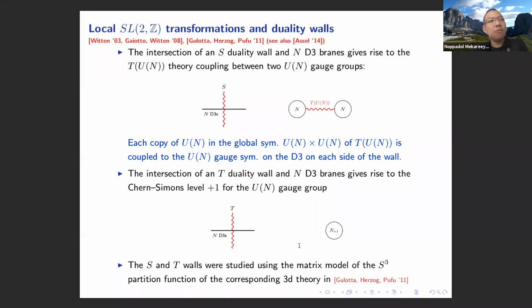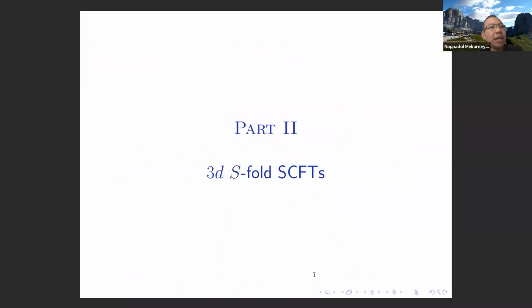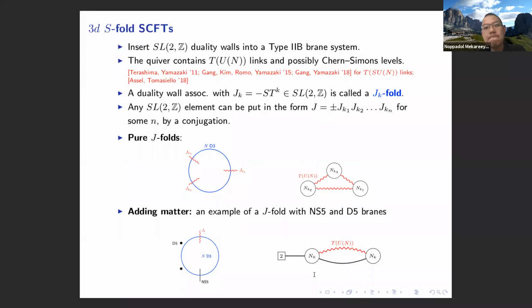And the T wall was basically to shift the Chern-Simons level by 1 in 3 dimensions. So these S and T walls were studied using a matrix model on the S3 partition function of the corresponding 3D theory.